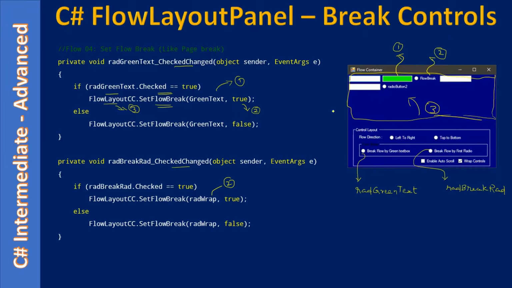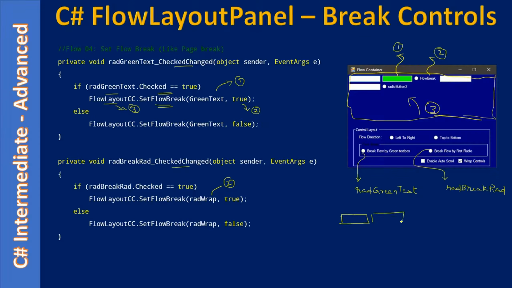So once you place a check mark here, the event will get fired. And when we check here and this radio is in checked state, we set a flow break for this control. That means we will see these two text boxes.